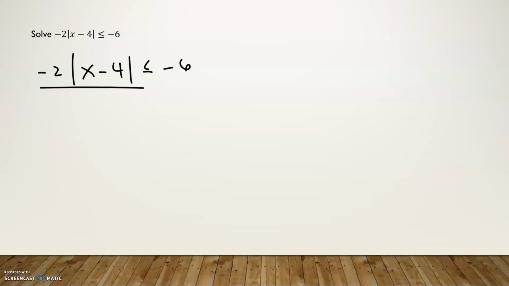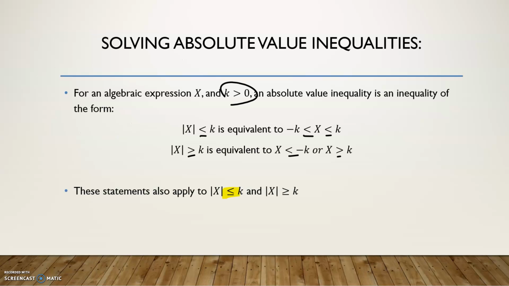So we're going to divide this whole thing by negative 2. So we'll have absolute value of x minus 4 less than or equal to, that's going to be just, sorry, not 4, 3. Okay, now we've got a less than, so that looks like this one right here.